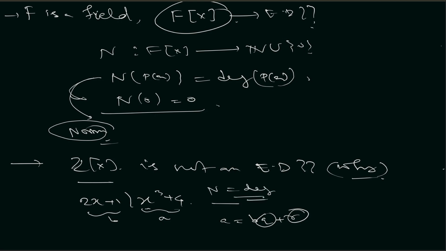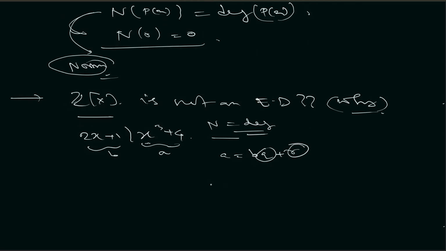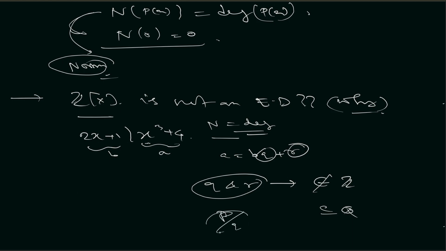The choices for q and r will not be members of Z[x]. They will be members of Q[x] but not Z[x]. The rational polynomials will come, with coefficients of some p by q form. So this is not a Euclidean domain.